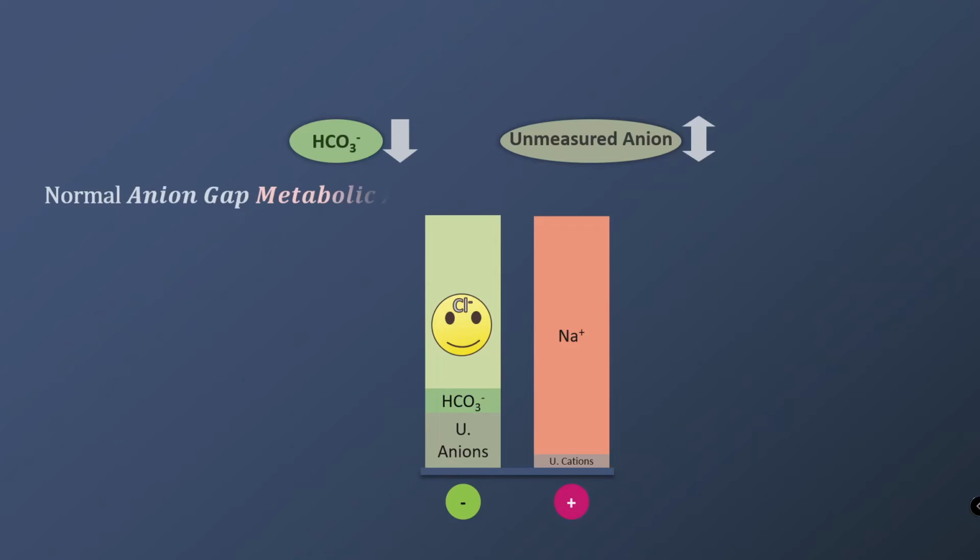So let's move forward. This type of metabolic acidosis is normal anion gap metabolic acidosis, and it is also called hyperchloremic metabolic acidosis. In books you must have seen that hyperchloremic metabolic acidosis is written. You must be wondering, what is this hyperchloremic metabolic acidosis?